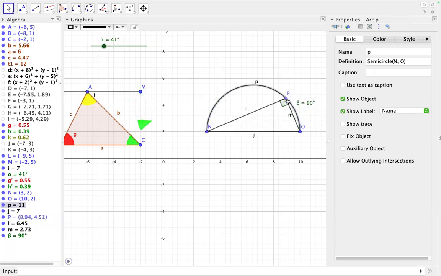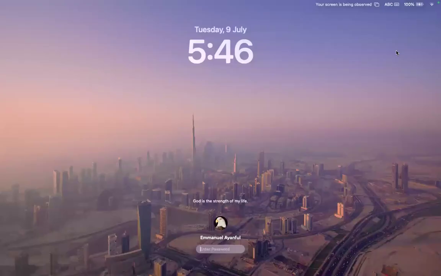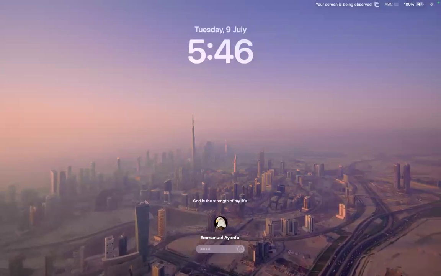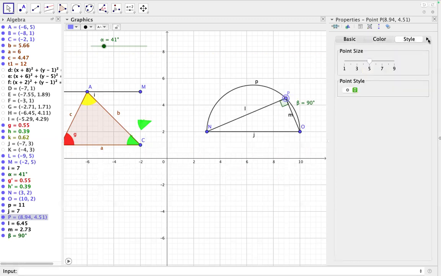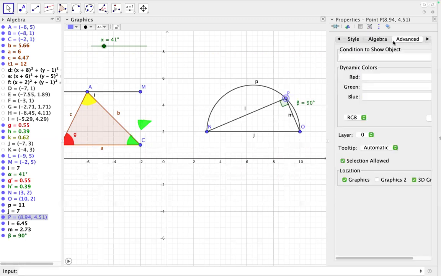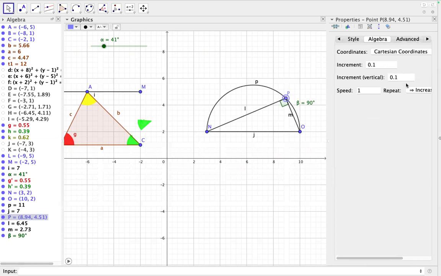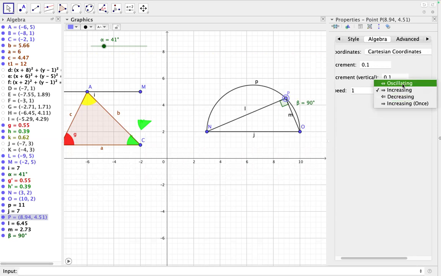All right, so I wanted to change the animation style. In the algebra section, the object properties, that's where you can change the animation style from increasing to oscillation.